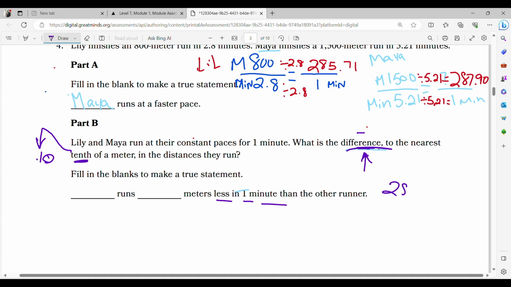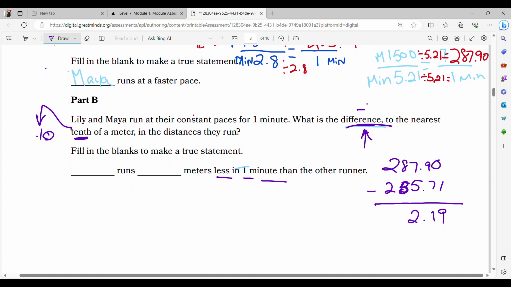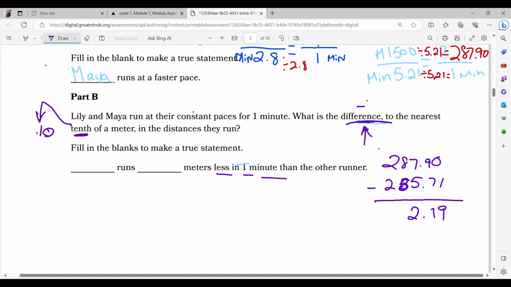So we got 287.90 minus 285.71. 90 minus 71 is 19. 7 minus 5 is 2. These cancel out each other, so we're at 2.19.